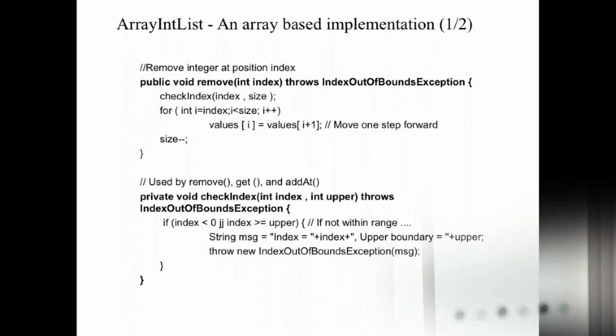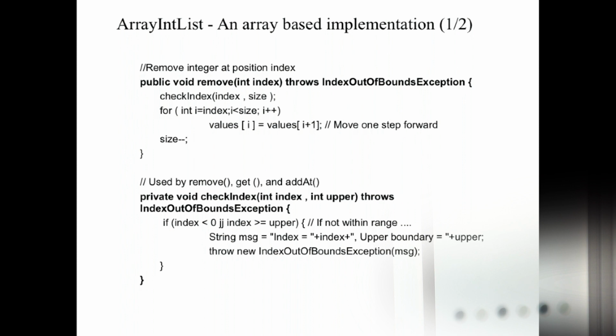After removing this 20, what should be the behavior of your list? Should there be a 0 value or null value or something? What should be there? It means you have to move all the elements on the right side one position to the left.